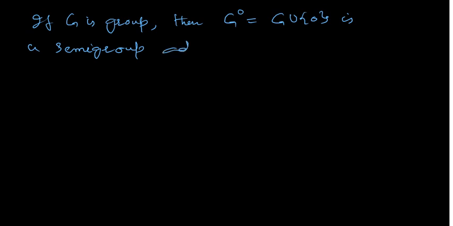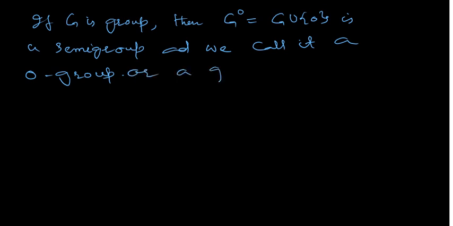So a zero group is not a group, it's actually a semigroup. We call it a zero group, or a group with zero.